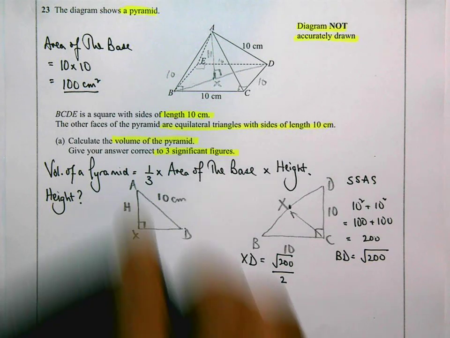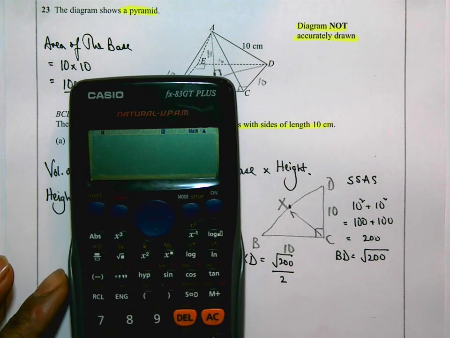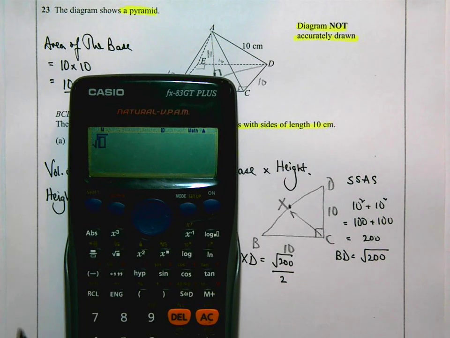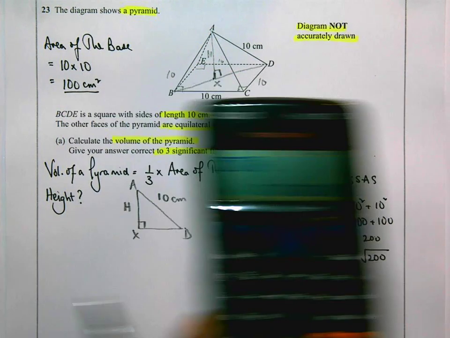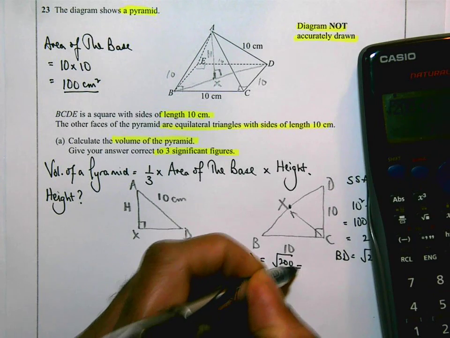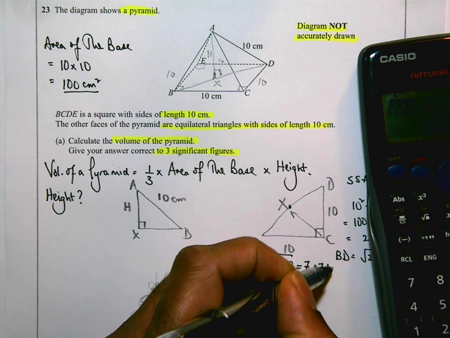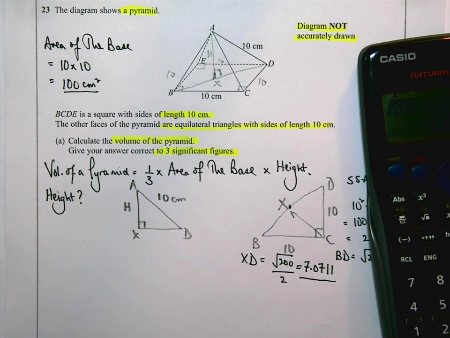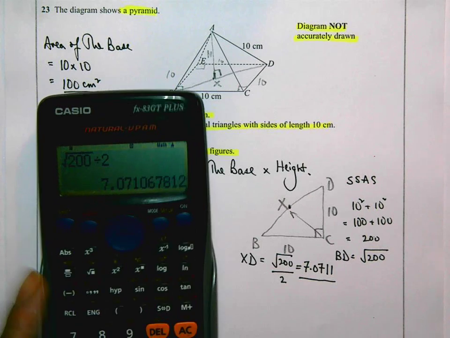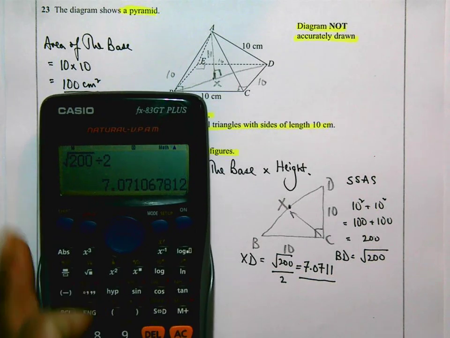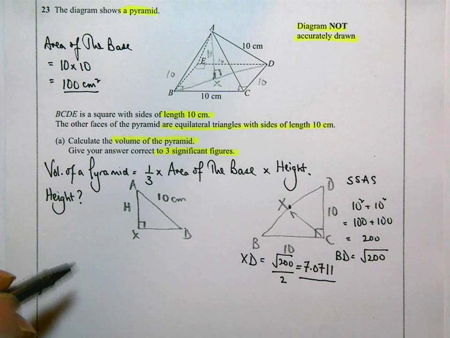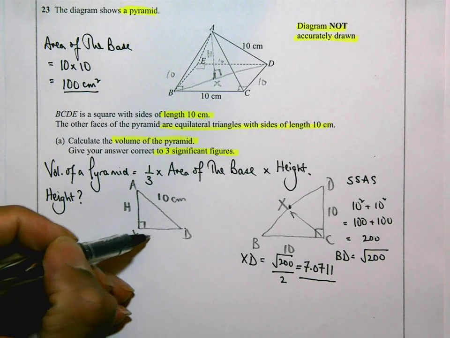So the square root of 200, divided by 2 is going to be 7.07106. Now, I'm not going to write in all of those decimal places. I'm going to put 7.0711. I'm going to round it to 4 decimal places. Now, the more you have, the more accurate it would be. However, that is more than enough. Now, in my diagram here, that distance there is 7.0711.